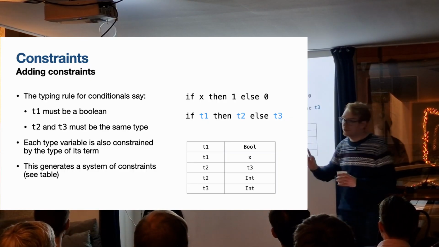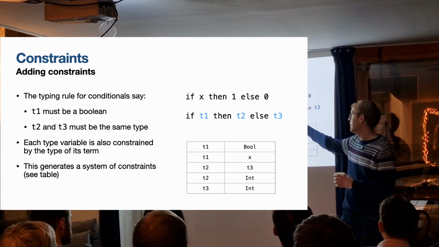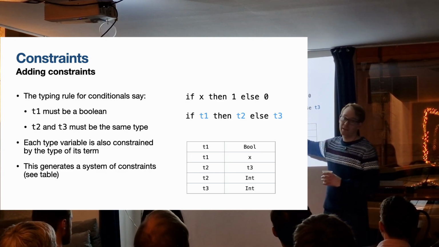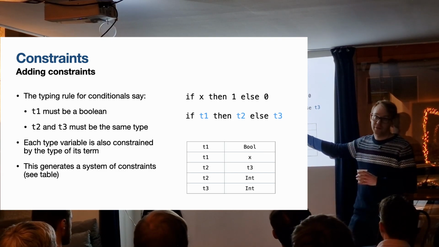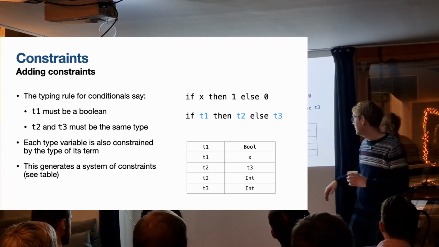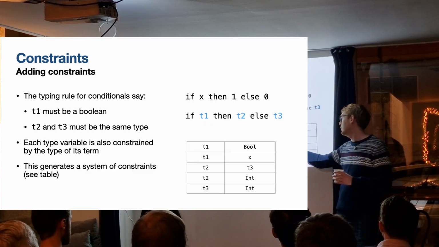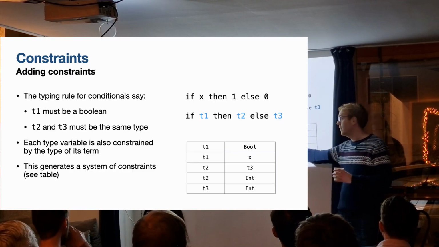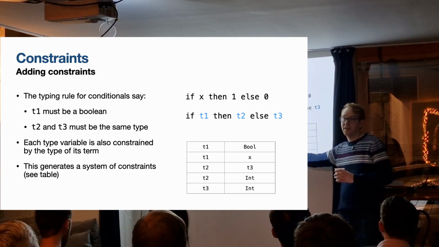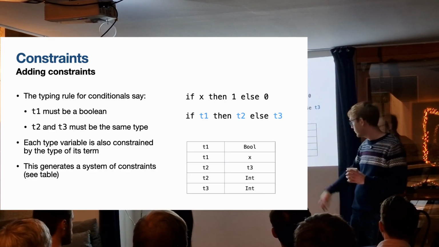But then we also have to consider, okay, what terms did we put here? So here we put the term x in the place of T1, the variable x. So we can also say that, other than being a bool, T1 must also have the same type as the variable x.